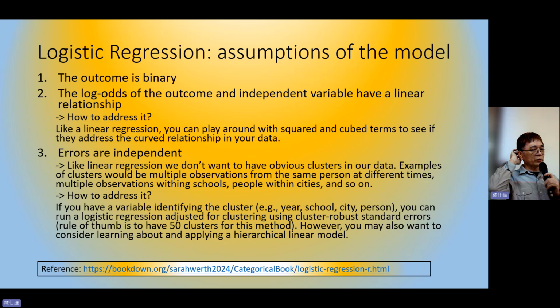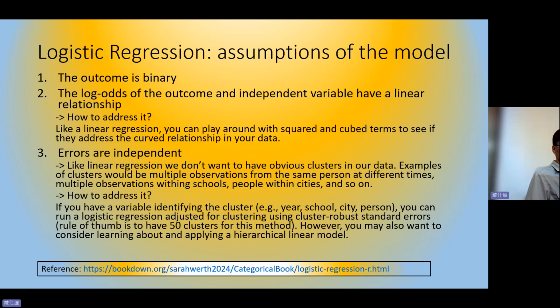Basically we have the log odds of the outcome, but honestly this is very difficult to interpret, so we have to transform the log odds into a probability or odds ratio. We tend to use the odds ratio.